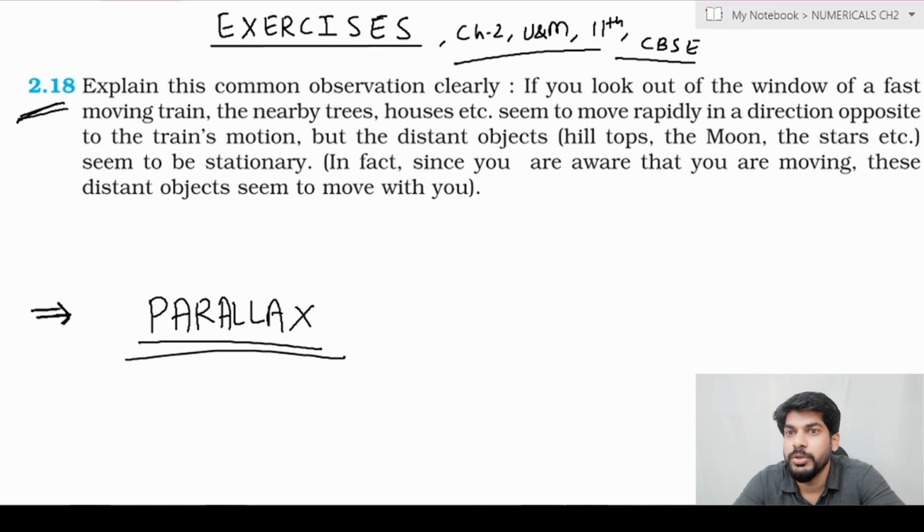So parallax is a phenomenon of apparent change in position of a nearby object with respect to a distant object or a distant background when it is viewed from 2 points of observation. So that is parallax.